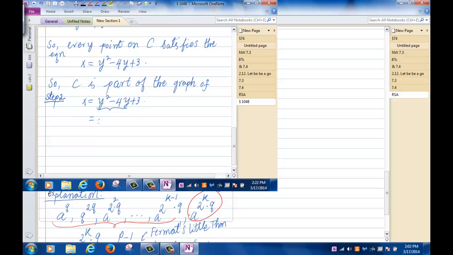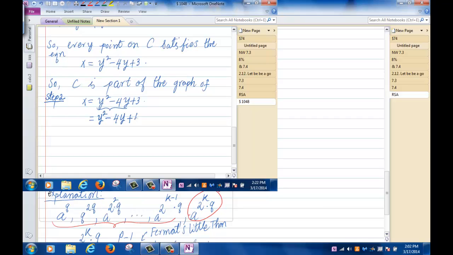So I can come up with the vertex by completing the square. If you have the calculator, you can easily see what that is. So I can complete this square by doing the following: y squared minus 4y, and then what do I have to add? Remember last time we said something like this? You take half of the coefficient of y, which is 4. Half of 4 is 2, and you square that, you get 4.